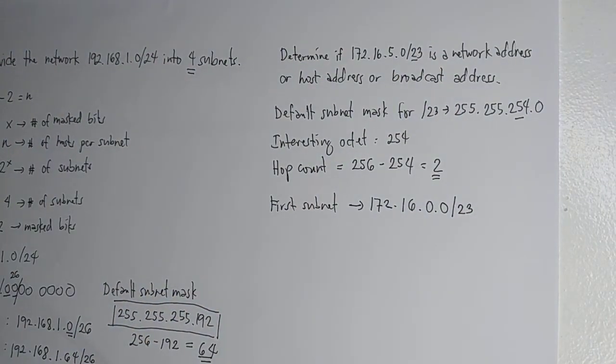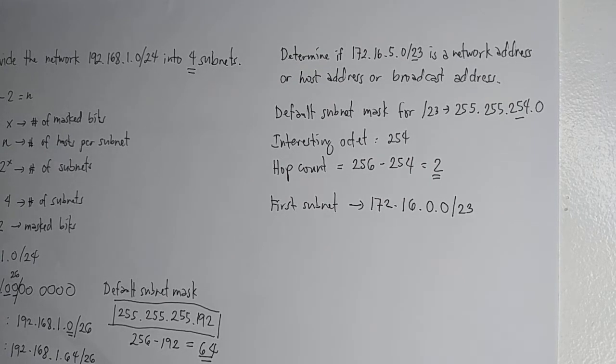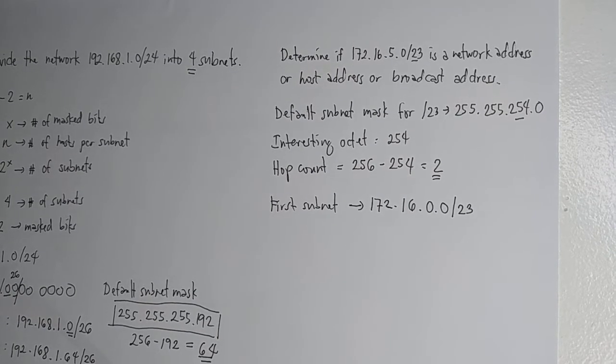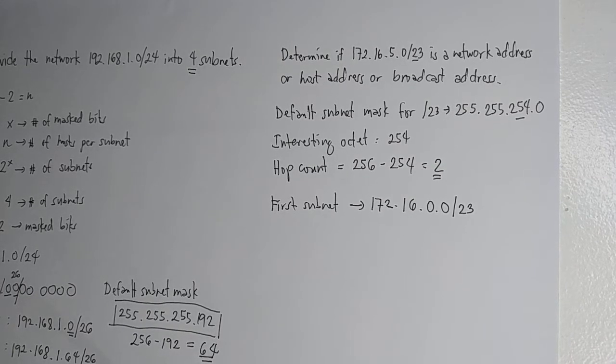172.16.0.0/23. Sir, question: why are you using 172.16.0.0 when the address given is 172.16.5.0? Remember, what class of address is this? 172 belongs to class B. In a class B address, we have 2 octets for the network and 2 for the host.